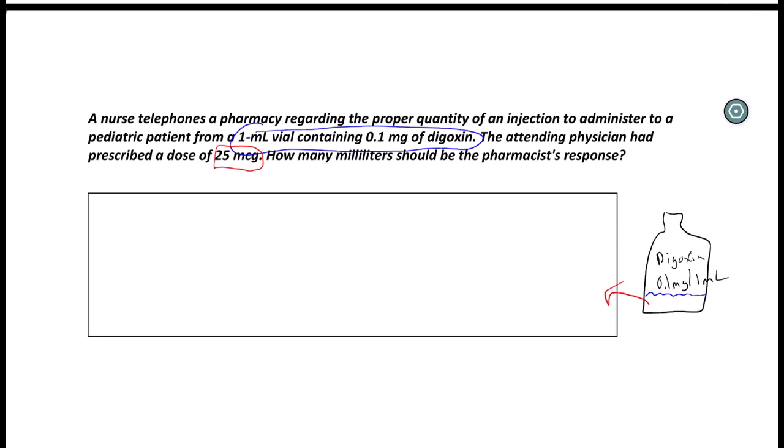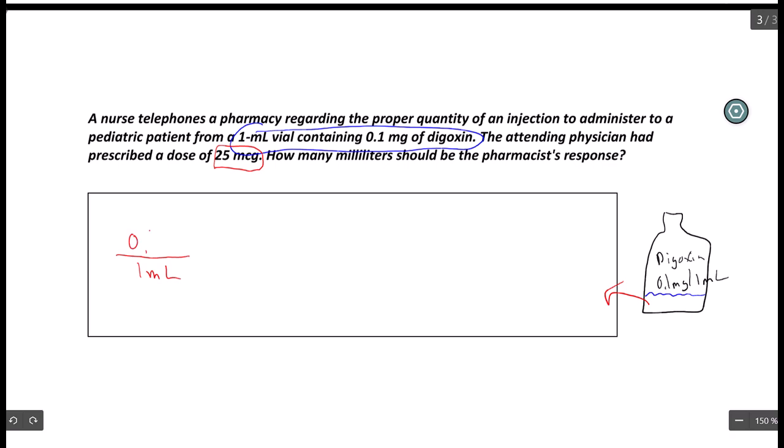I'm going to do mine just setting up as a ratio. I know what I have, a 1 ml vial, and it contains 0.1 milligrams per ml. And I need my answer to be in mLs. So I'm going to write the thing that's given to me, 1 ml, the mLs on the bottom to cancel out, and the unit I want, 0.1 milligrams on top.